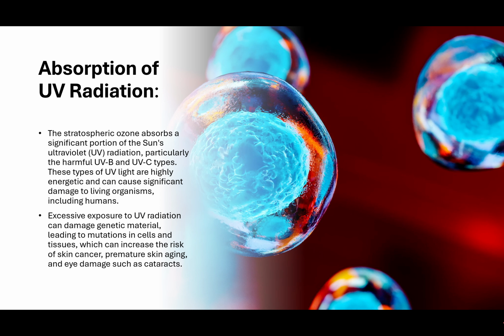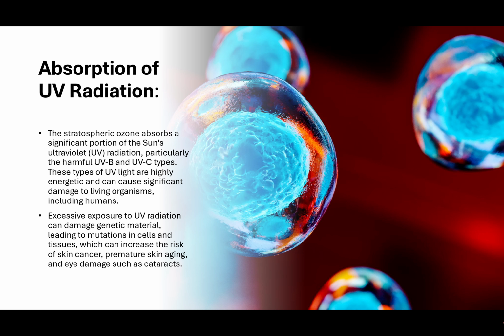So the absorption of UV radiation: the stratospheric ozone absorbs a significant portion of the sun's UV radiation, particularly the harmful UVB and UVC types of UV radiation. All right. So the UV light is highly energetic and can cause significant damage to living organisms, including humans. So excessive exposure can lead to mutations in cells and tissue, increasing the risk of skin cancer, premature skin aging, and eye damage such as cataracts.